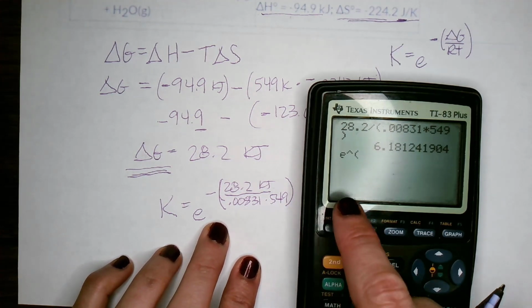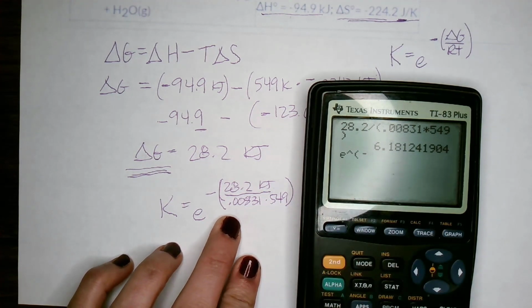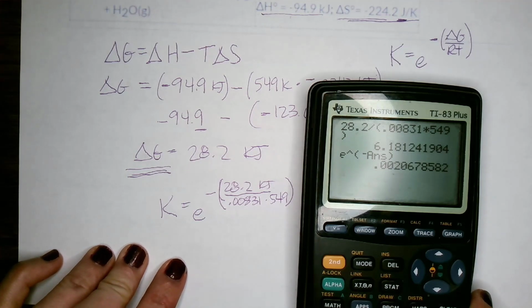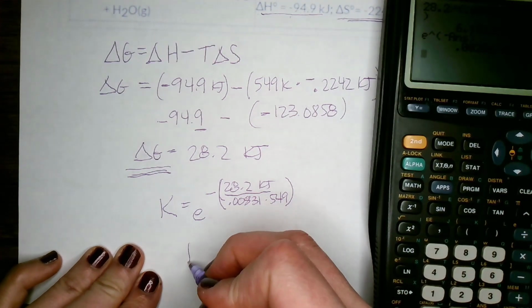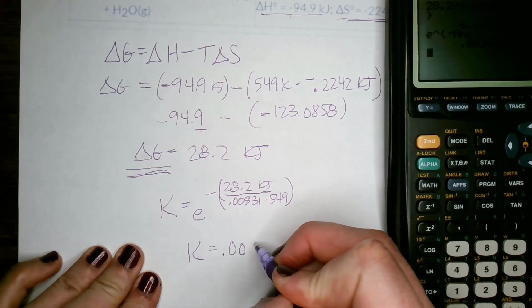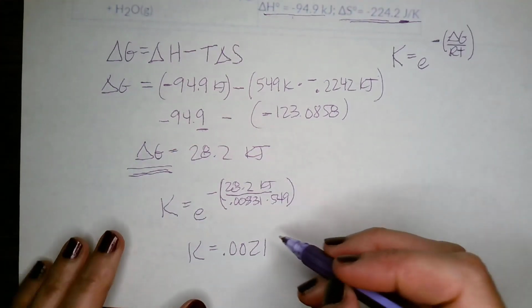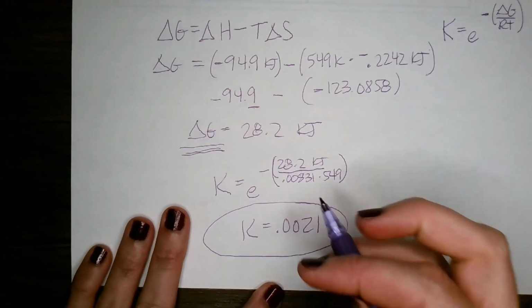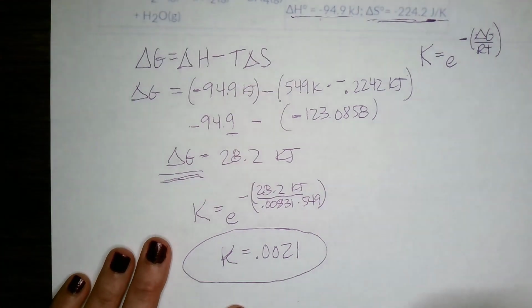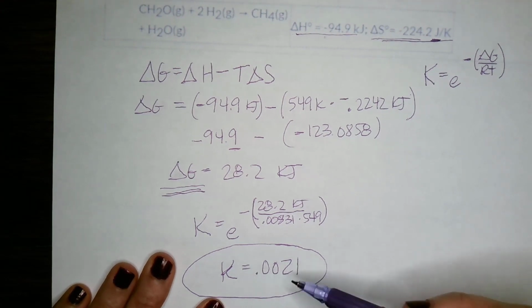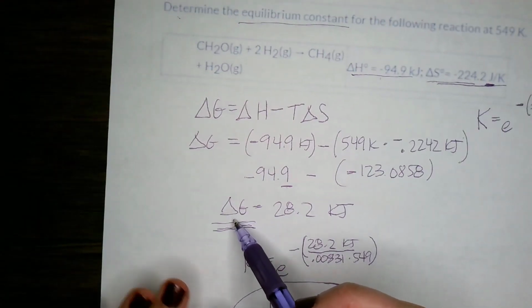Close that parenthesis. Now we're going to do e to the negative of the answer that I just got, and 0.0021 would be my K, another small K for my equilibrium constant.